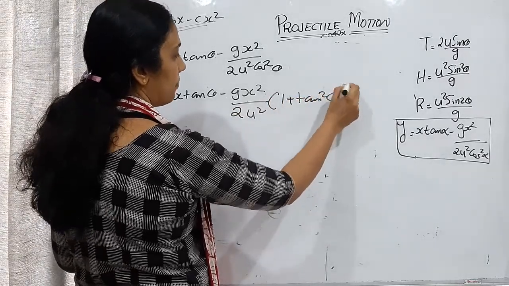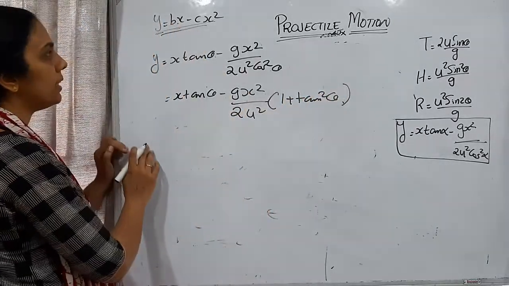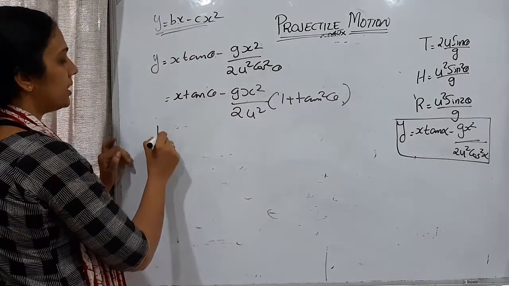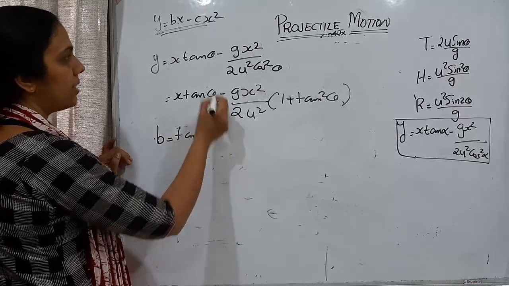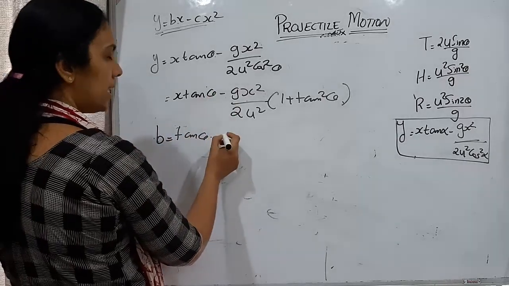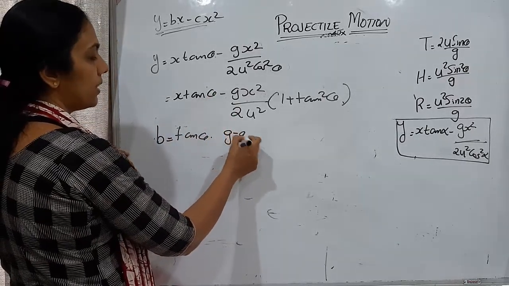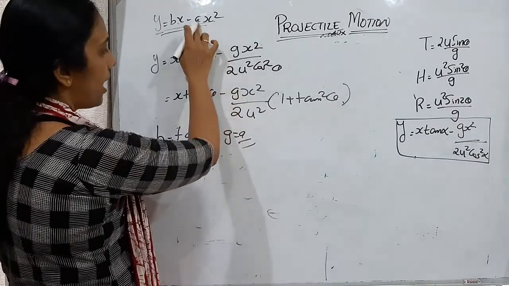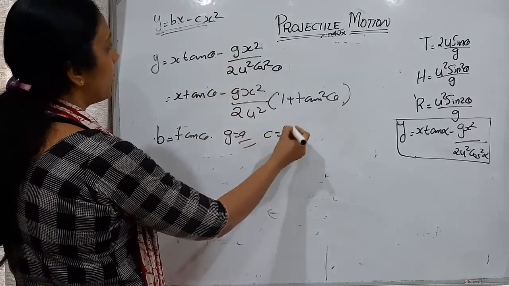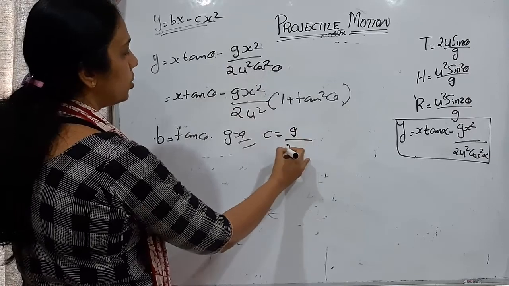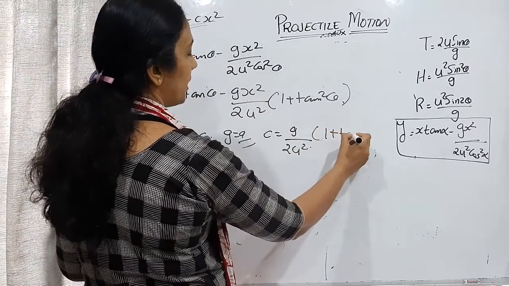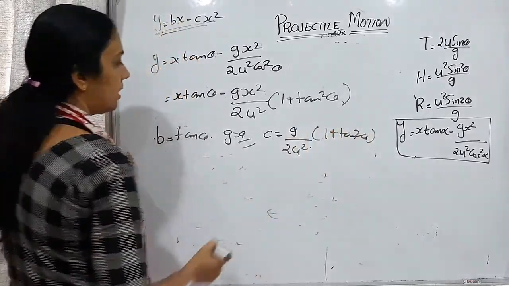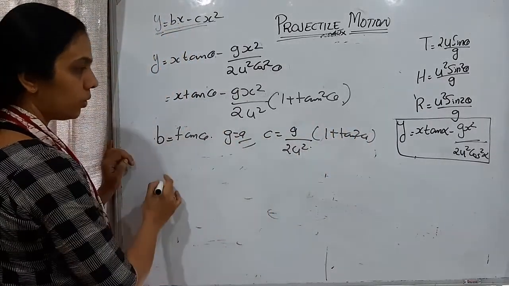So if I write that equation over here, it is gx square divided by 2u square into 1 plus tan square theta. When we compare these two equations, we get b equals tan theta, and g is 10, which we know is the acceleration due to gravity. Here c equals g by 2u square into 1 plus tan square theta. Now we can substitute that value over here.